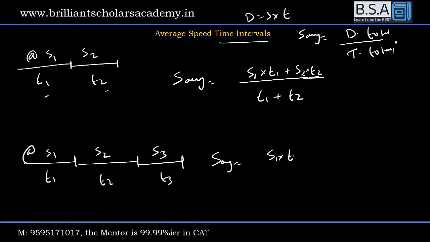S1 T1 plus S2 T2 plus S3 T3 divided by T1 plus T2 plus T3. No fancy stuff. Distance must be in the numerator. Distance is equal to speed into time. Time must be in the denominator. That is T1 plus T2 plus T3 is the time.